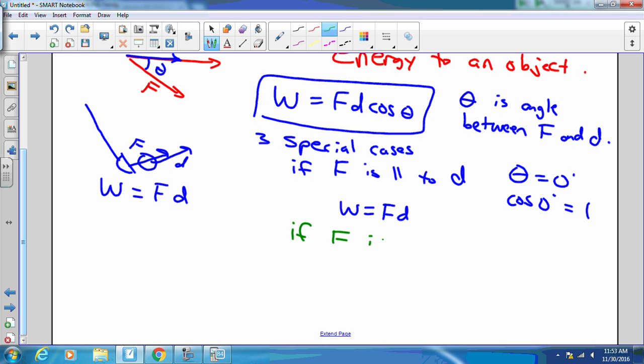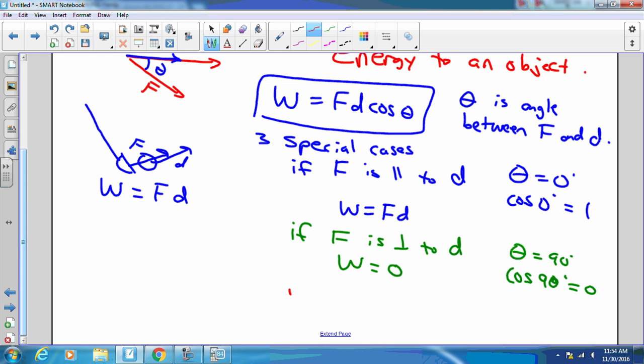If F is perpendicular to D, for example, a normal force, then the theta between them is 90 degrees, and the cosine of 90 degrees is 0, so the work done is automatically 0. We love that special case. Perpendicular forces never do any work.